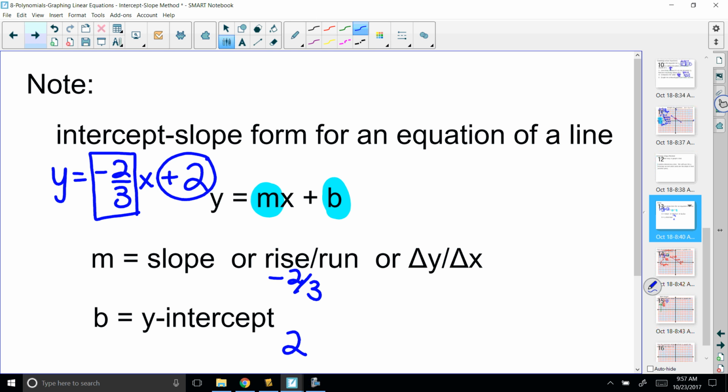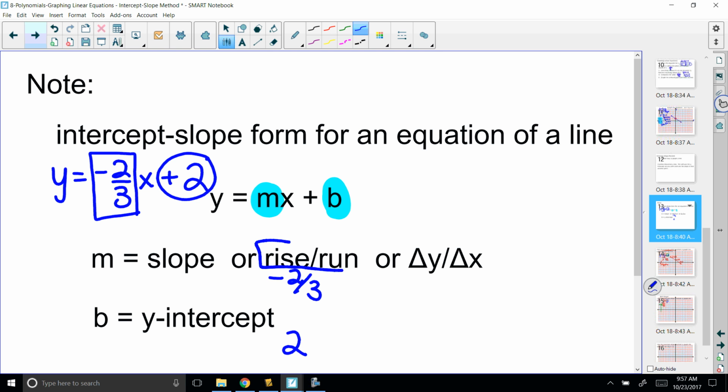So we talked about that format, y equals mx plus b. The coefficient of x is going to be your slope, and the constant b will be your y-intercept. Remember, it's rise over run when you talk about slope.